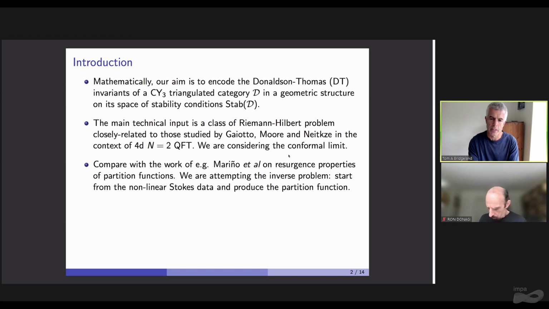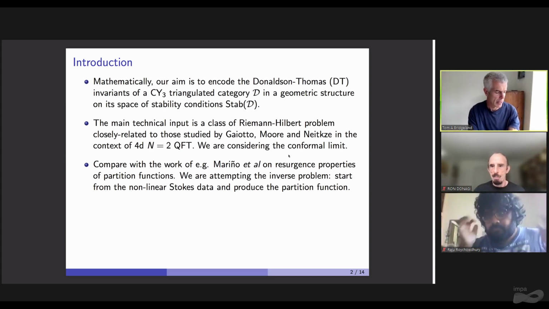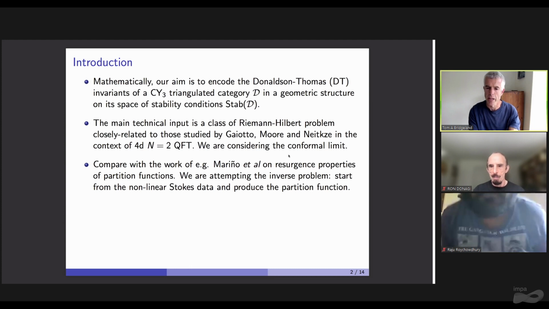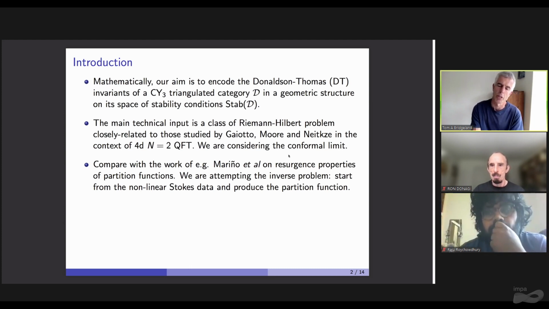That formal series is not convergent, but you can try to Borel sum it. If you do, you get various different answers depending on which direction you Borel sum. You can compare those answers and extract integer invariants, BPS invariants. That's what you would expect.